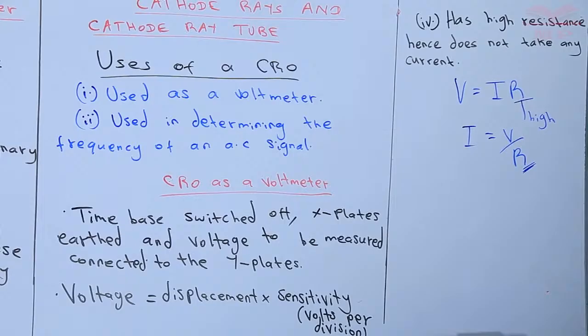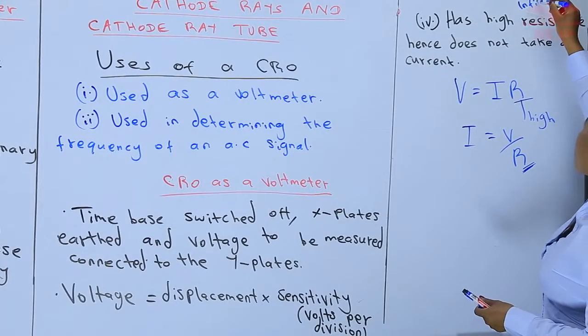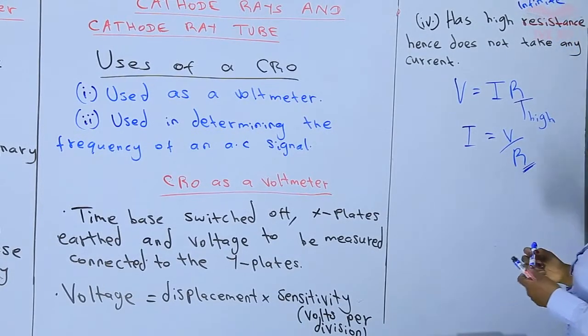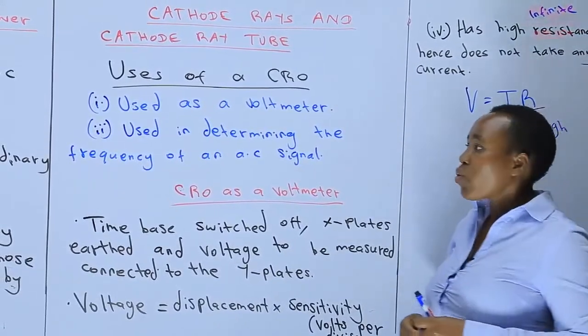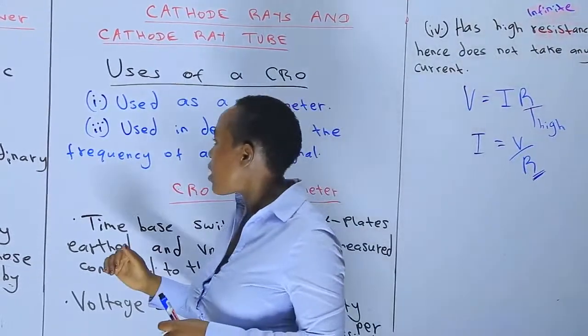It's not going to take any current, because if it were low, then the current would be affected, and the CRO is being used to measure the voltage. So it has a high resistance, or what we are calling infinite resistance, and therefore it does not take away any current. So those are the uses of a CRO.